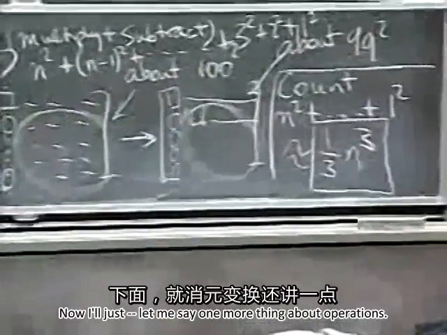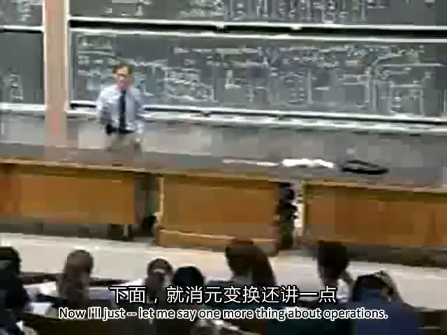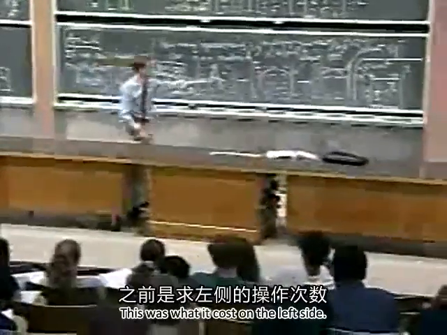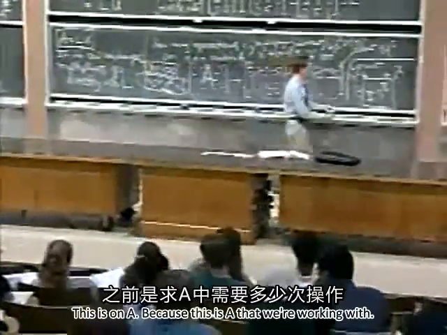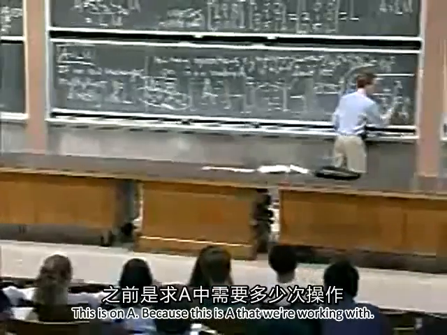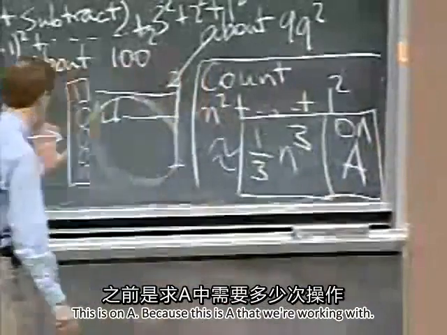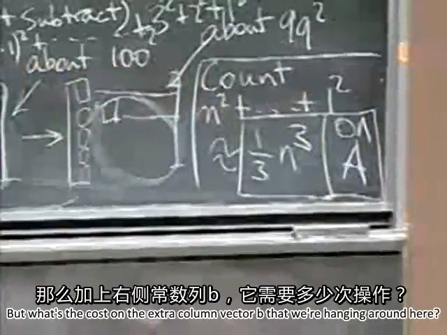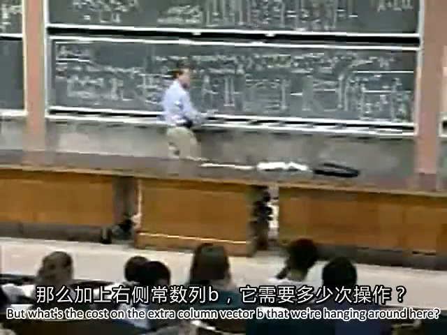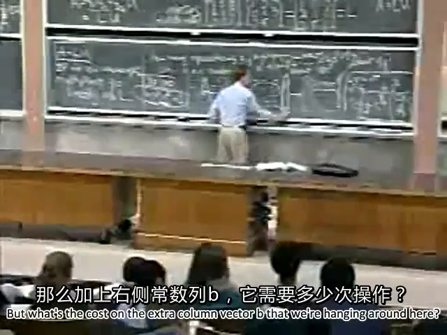Now, let me say one more thing about operations. What about the right-hand side? This was what it cost on the left side, on A. But what's the cost on the extra column vector b that we're hanging around here?